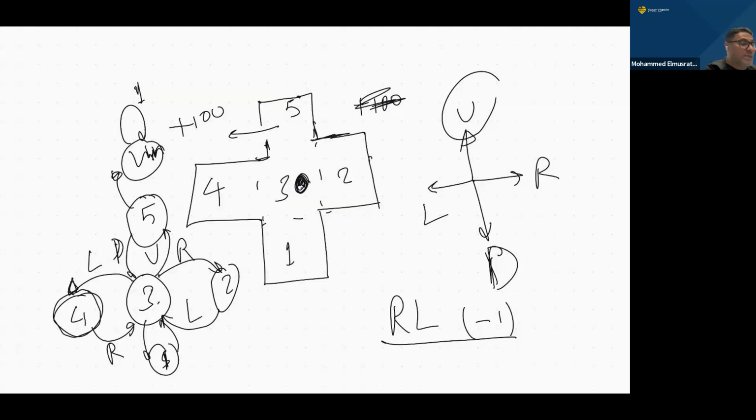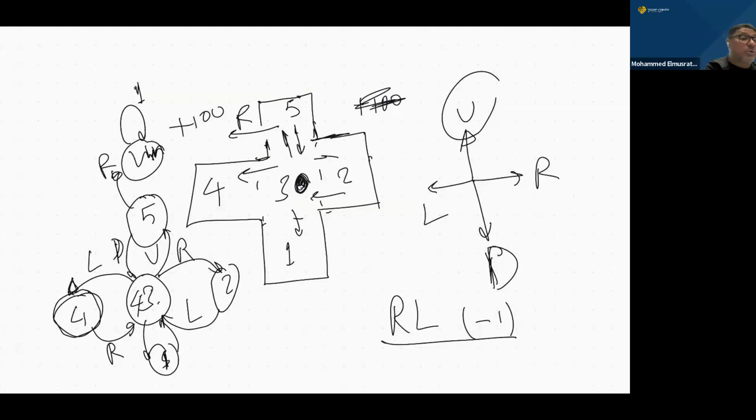But in state 3, all 4 actions are possible: you can go up, right, left, or down. If you are in state 2, you have only one action defined, to go to the left. If you are in state 5, you have 2 actions, either to go down or to go to the right. If you go to the right, then you will go to the win.